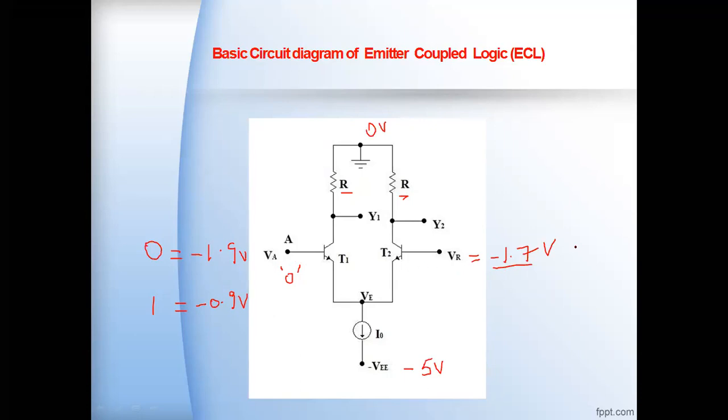VR is the higher value and VA is the lower value, because minus 1.9 is smaller and minus 1.7 is higher. Therefore, this transistor, T2, will be conducting.